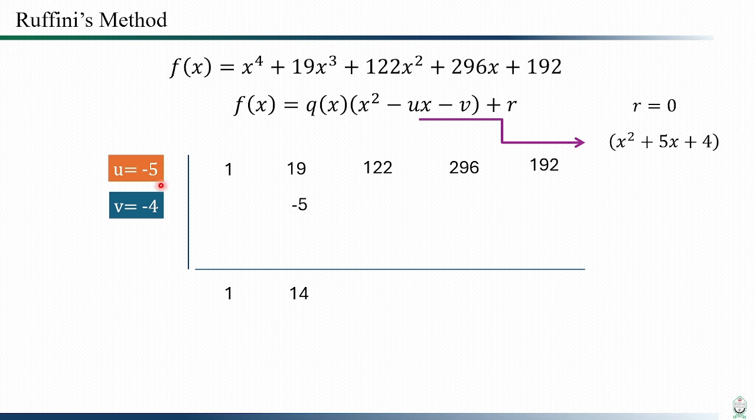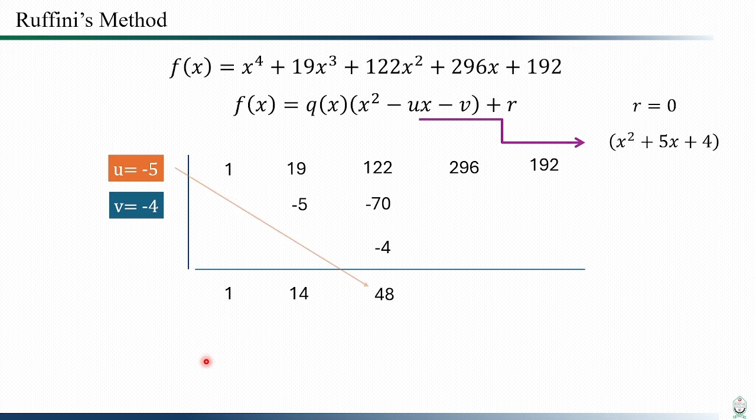Same way, this value will get multiplied with this value and the multiplication will reach here. And now the value of v will come into place. This will get multiplied with this value and the output will be brought here. Then we will add these three terms. That will give us 48.